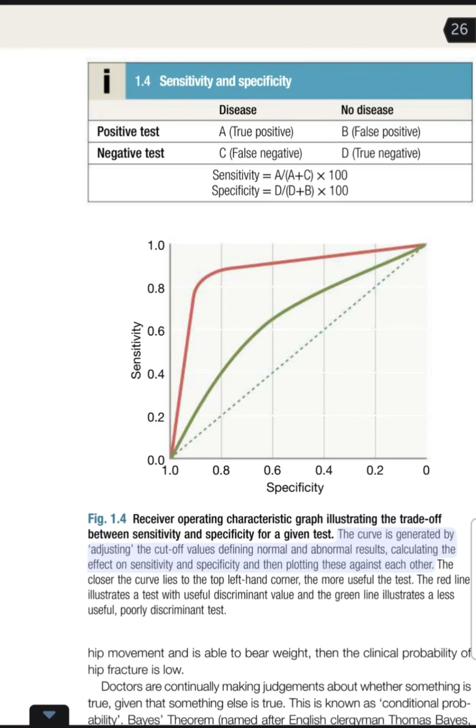The curve is generated by adjusting the cutoff values defining normal and abnormal results, calculating the effect on sensitivity and specificity, and then plotting these against each other. The closer the curve lies to the top left-hand corner, the more useful the test. The red line illustrates a test with useful discriminant value and the green line illustrates a less useful, poorly discriminant test.